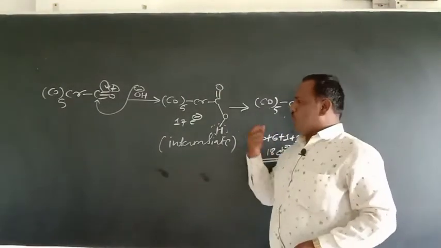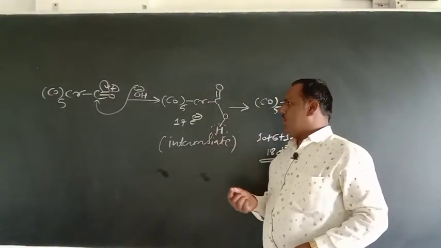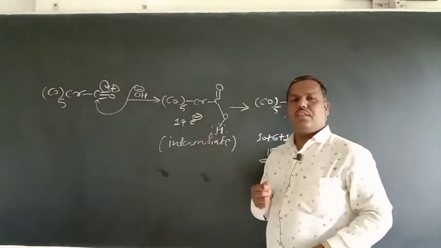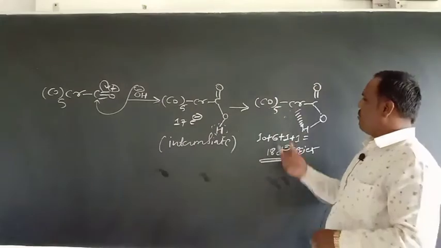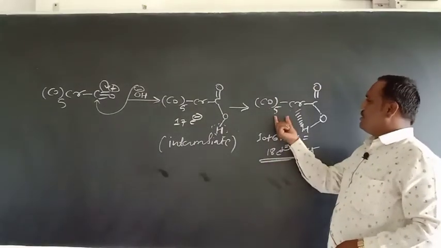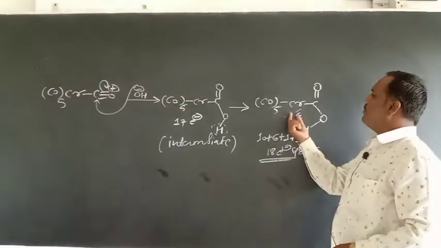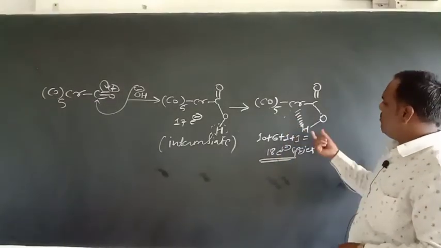To get 18 electrons, it shows agostic interaction with this acidic proton, and the species with 18 electrons is stable.